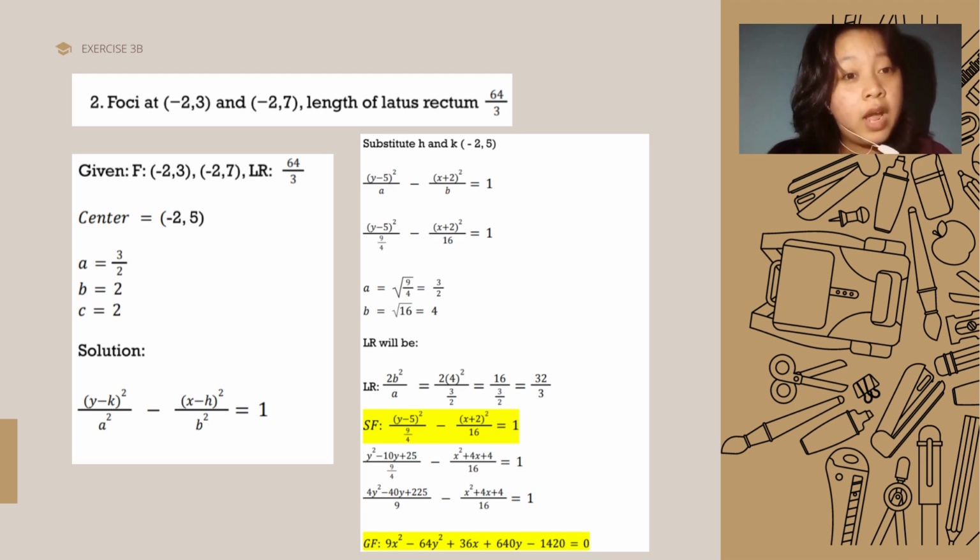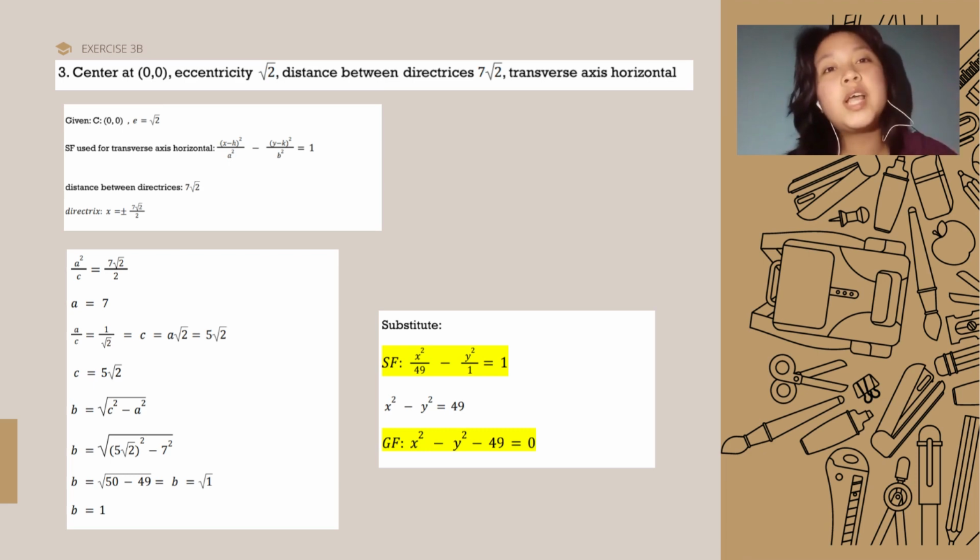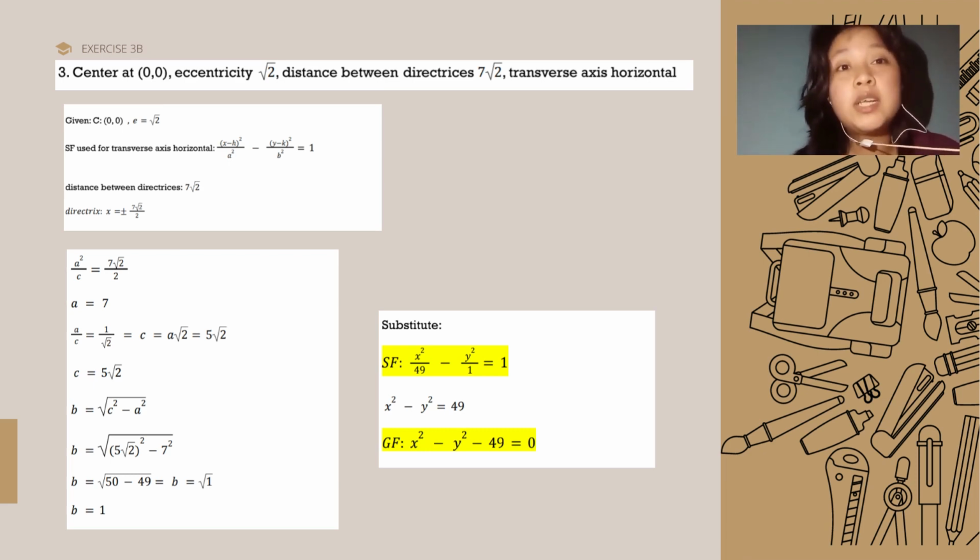is the 9x squared minus 64y squared plus 36x plus 640y minus 1420 is equal to 0. So, the next one will be the centered at 0 and 0, eccentricity square root of 2, distance between directrices 7 square root of 2, and transverse axis horizontal.